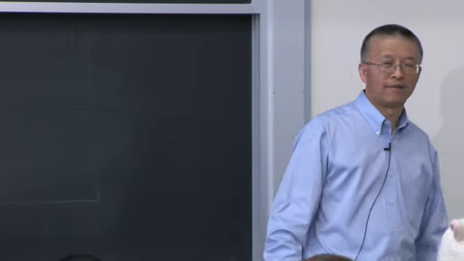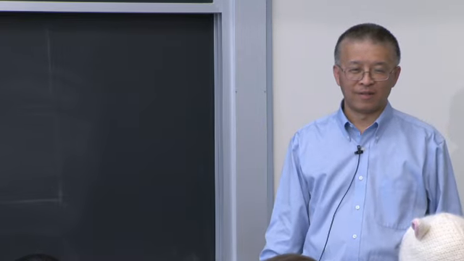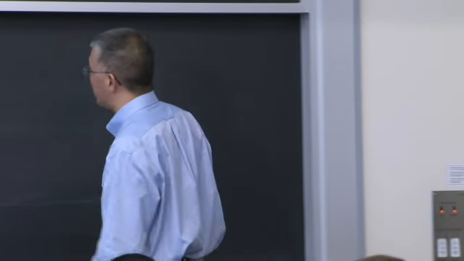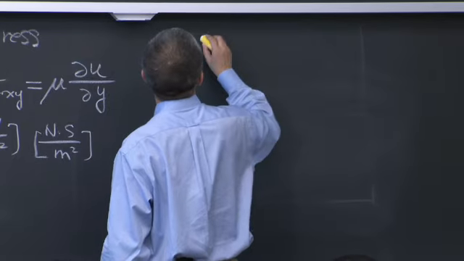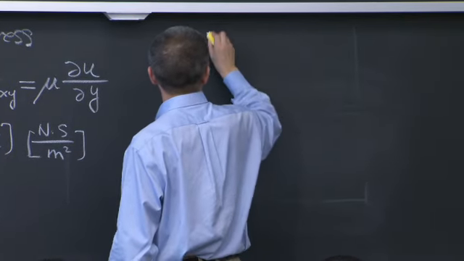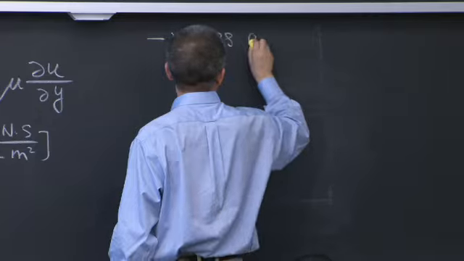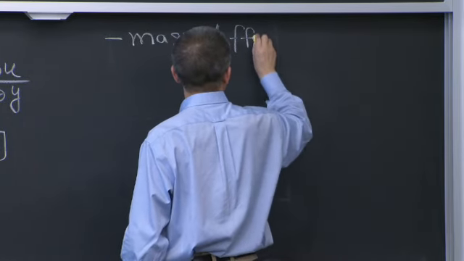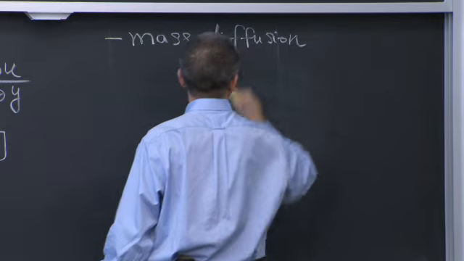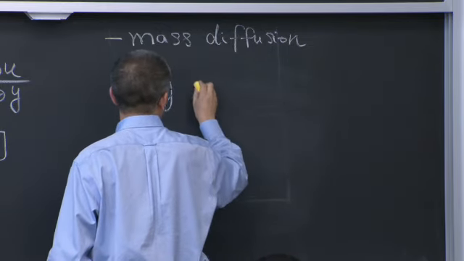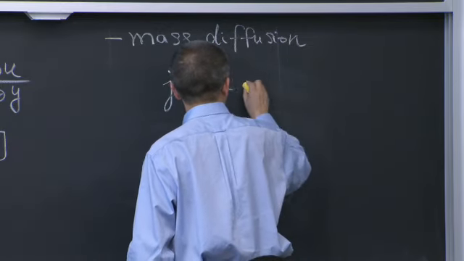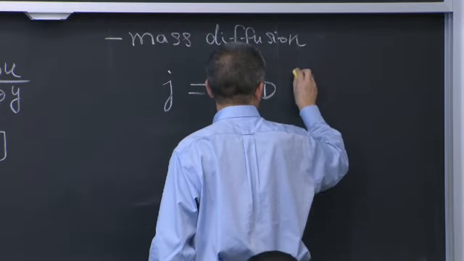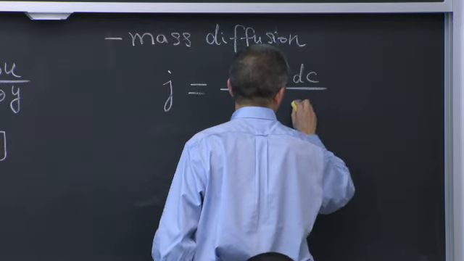What else? Mass. Tell me mass transport. Fick's law, right? Fick's law. So for mass, we have mass diffusion. And the mass flux equals rho D dc dx.